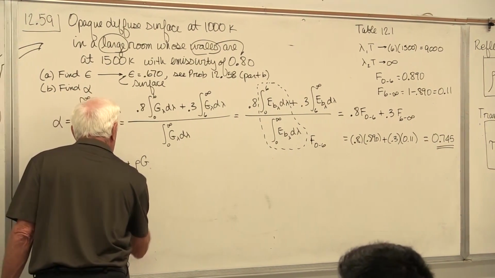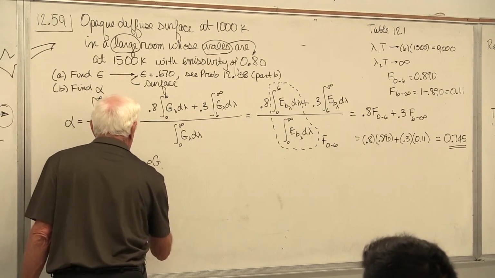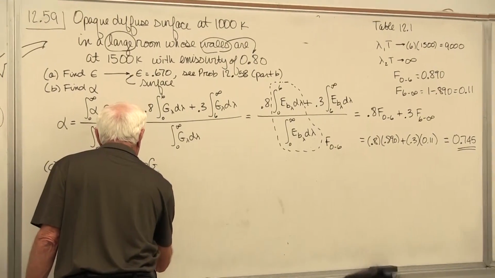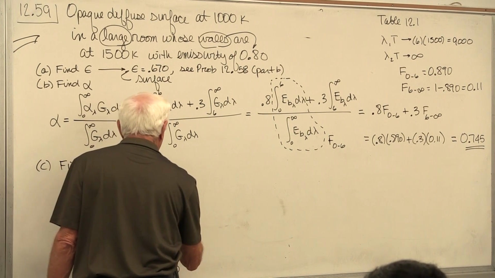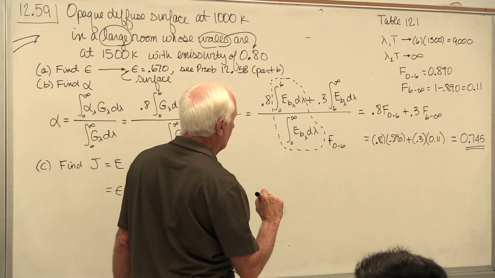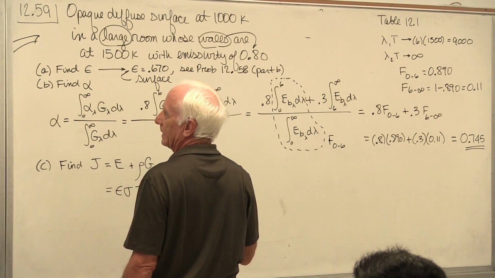All right, so what is E? This is epsilon sigma T to the fourth plus rho. Do I have rho? No. Did it say opaque? Yes, it did.